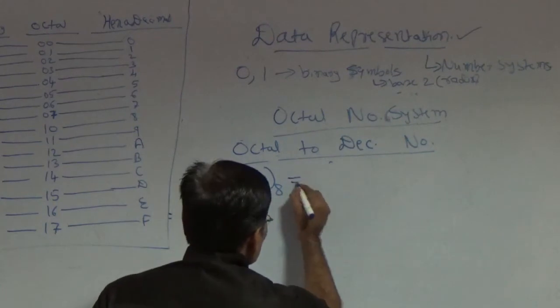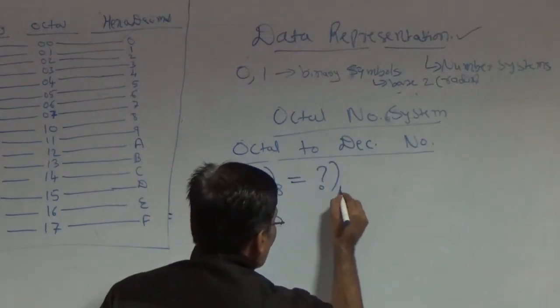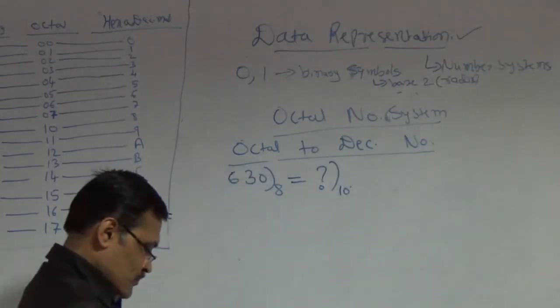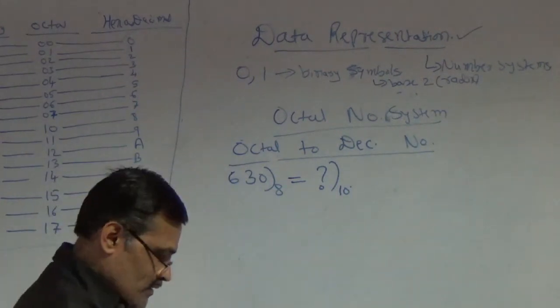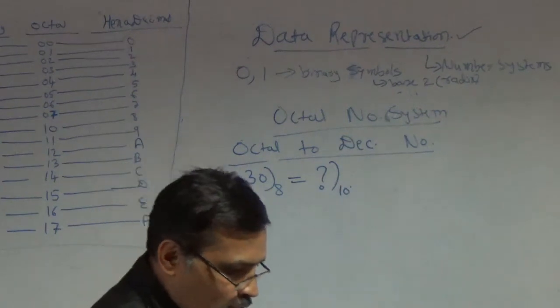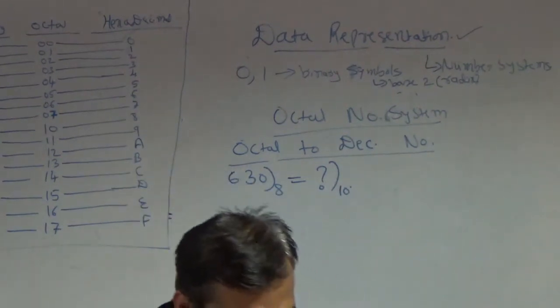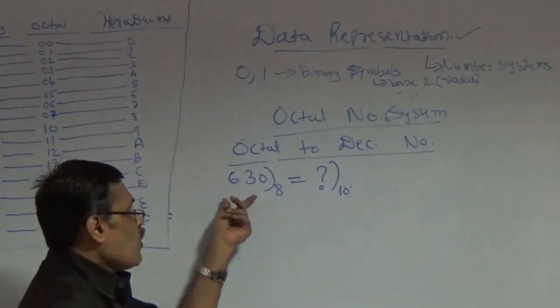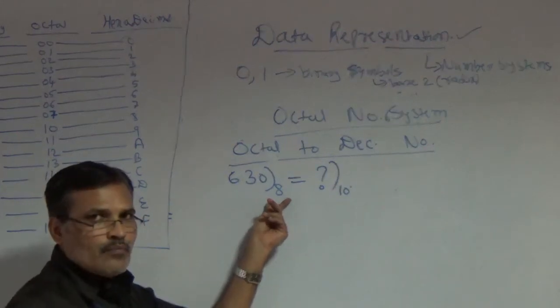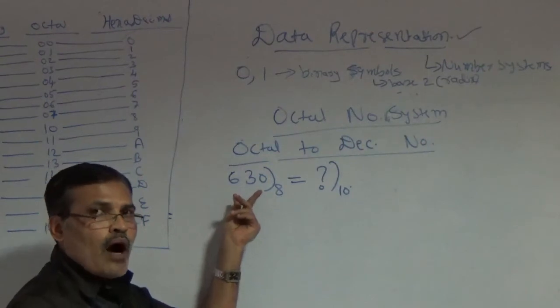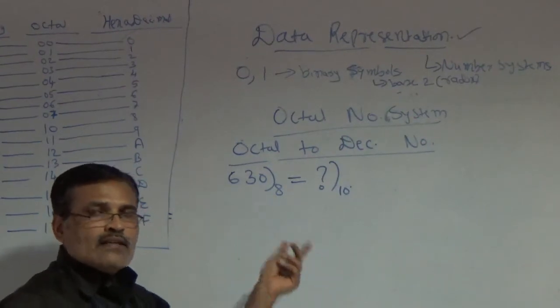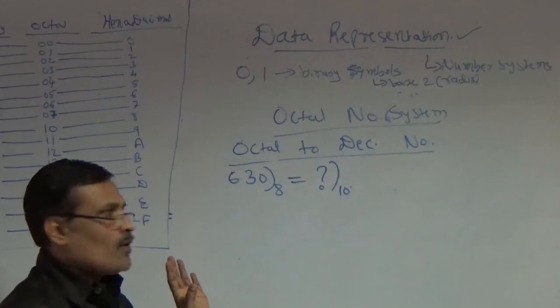So you have been asked to convert it to an equivalent decimal number. Okay. So again the same process in this case. You have to express the given octal number as a polynomial of 8, means as a sum of powers of 8, and then simplify it. Okay.